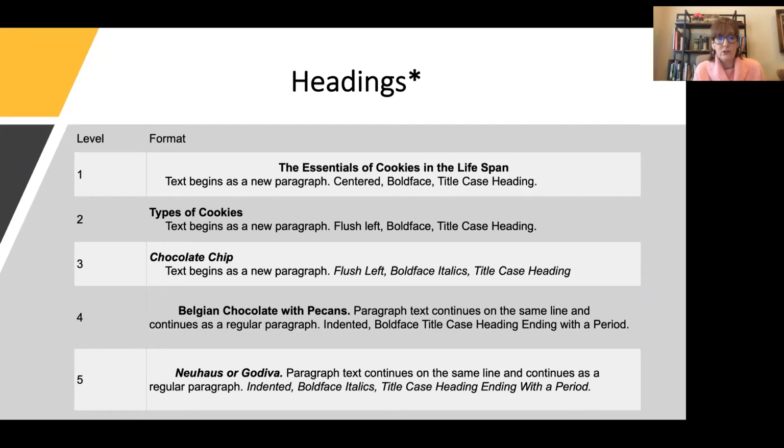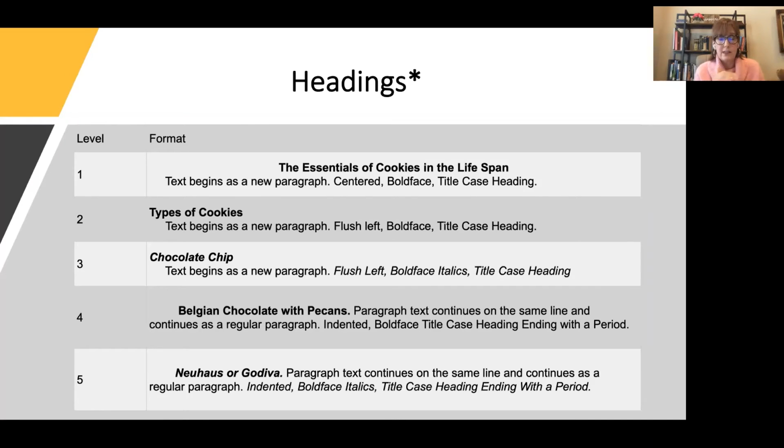And then a level 2 would be the types of cookies, and you can notice that that's left flush. It's also boldface with the title case heading. As you progress into the levels, as the number gets higher, there are changes. You can see by the illustrations that I gave, you see the title, and then one of his main sections is types of cookies.